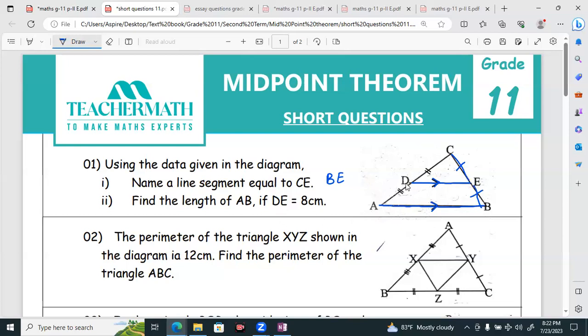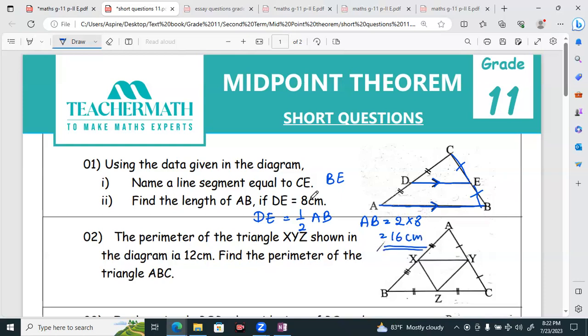That means DE is the straight line segment which joins the two midpoints of two sides of a triangle. Therefore, it is half of the third side. Then DE equals half of AB, so AB equals 2 times DE. DE is 8. Therefore, AB equals 16 centimeters.